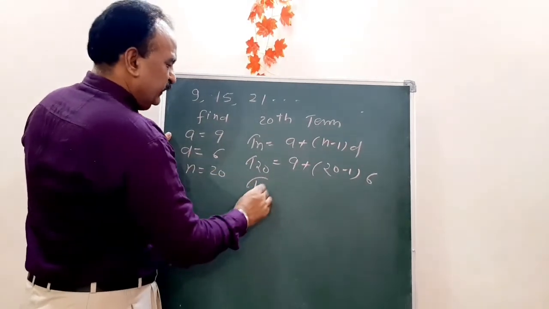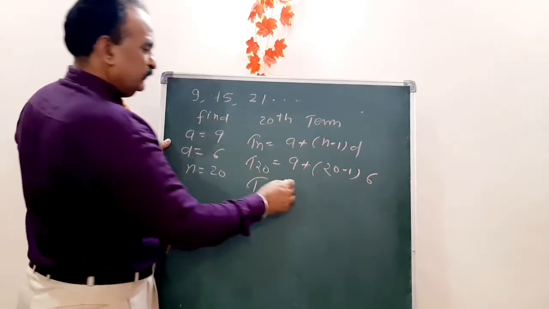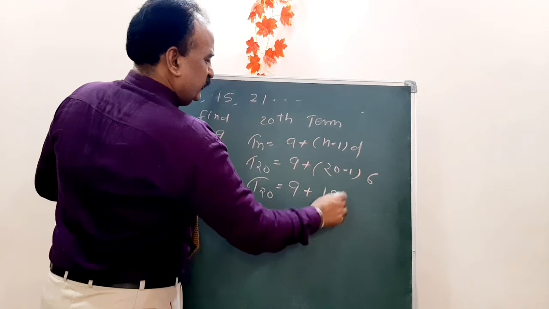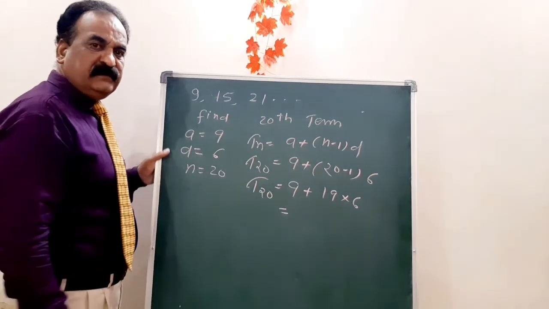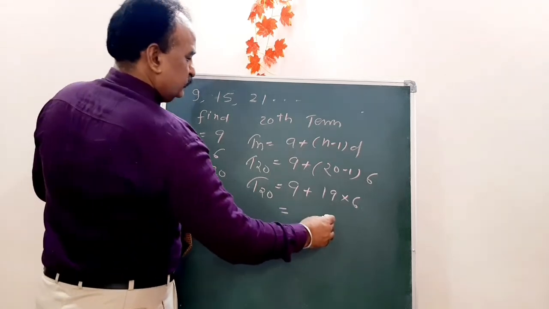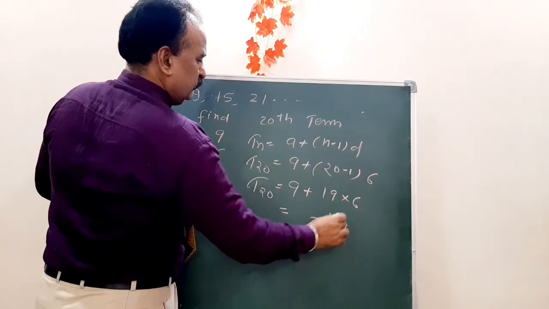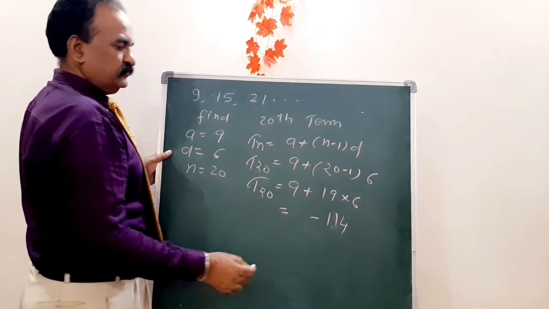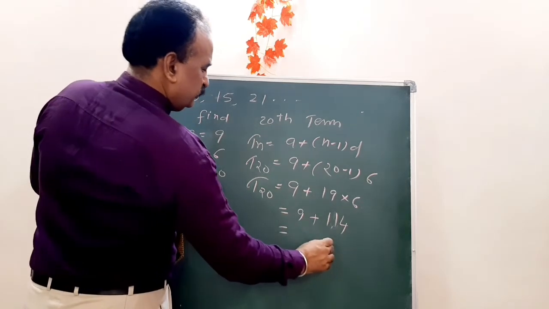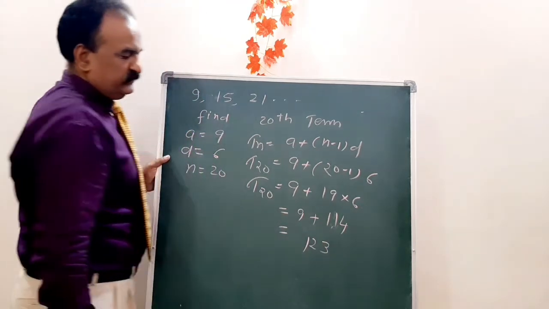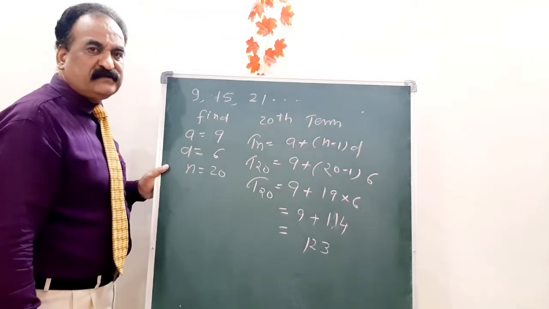It means T20 is equal to 9 plus 19 into 6. 19 times 6 is 114, plus 9 is 123. The 20th term is 123. I hope this is clear to you.